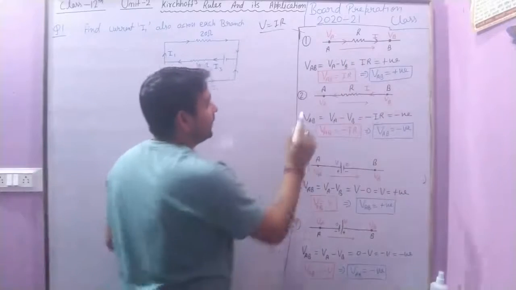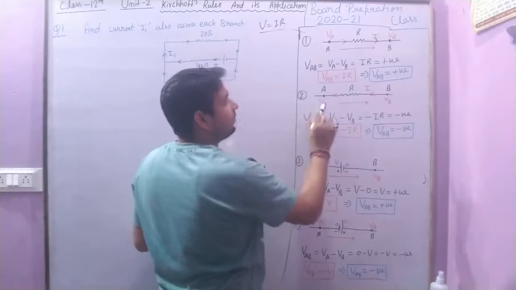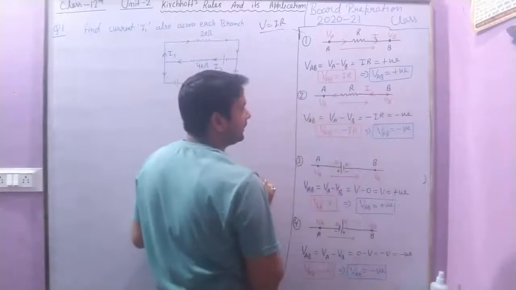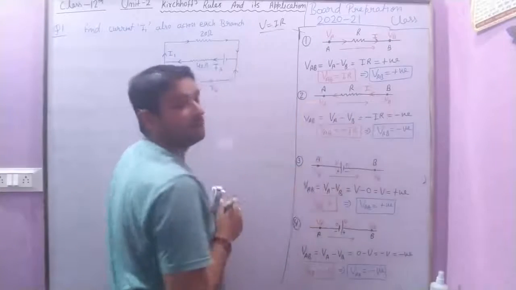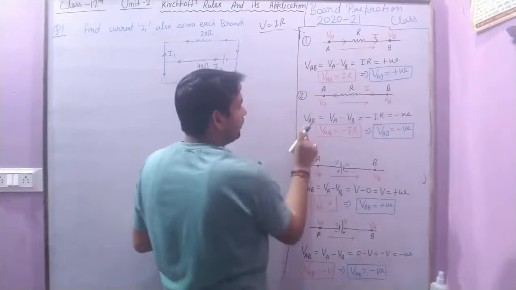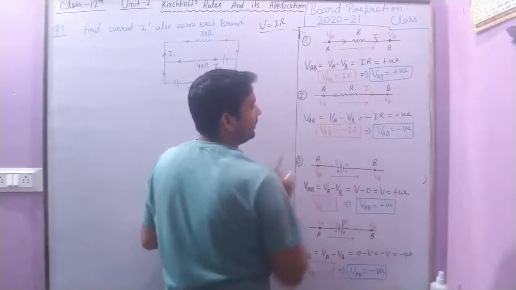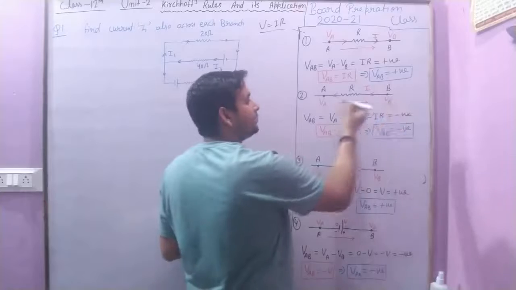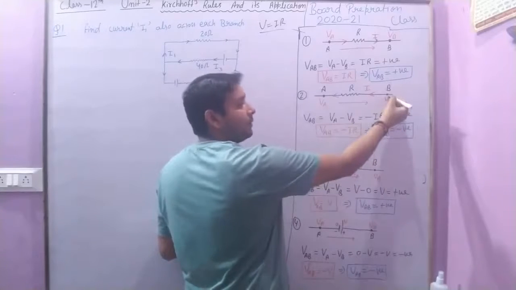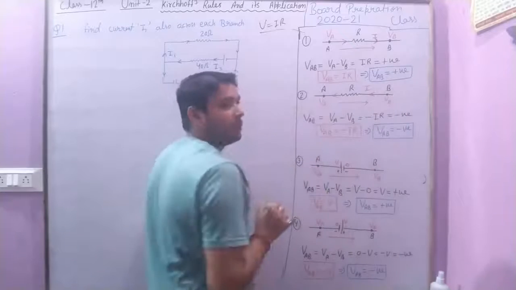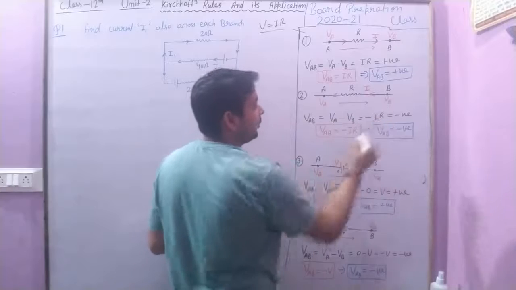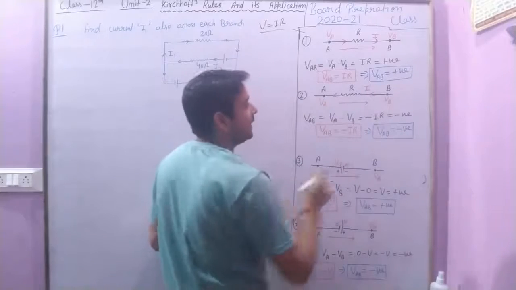In the second case, we are again moving from point A to B, but the current is moving in the opposite direction. According to our rule, VAB is VA minus VB, but because the current is moving from B, the potential at point B is greater than the potential at point A. So the result we get is negative, that is minus IR.